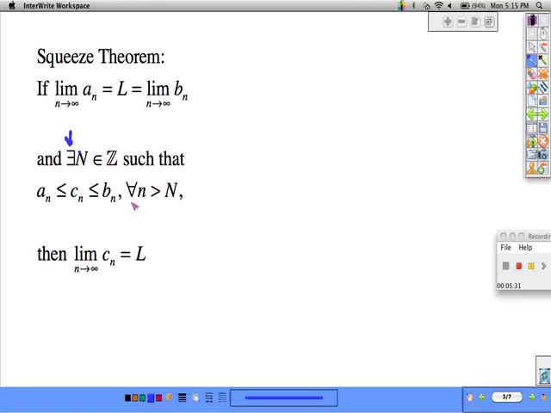And this upside down capital A means for all n greater than capital N. So kind of what's happening here is we have these points for a sub n approaching some limit, and then we have some points for b sub n also approaching that same value of L. And if at some point our sequence C is always sandwiched in between them, we can say that that also has to be approaching L. It's being squeezed in between these other two functions.